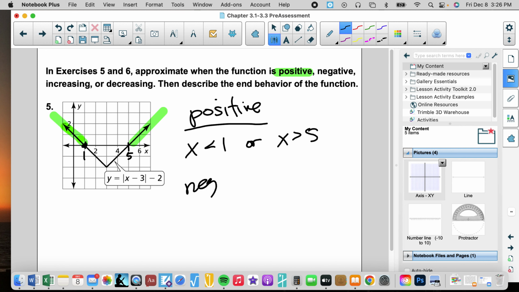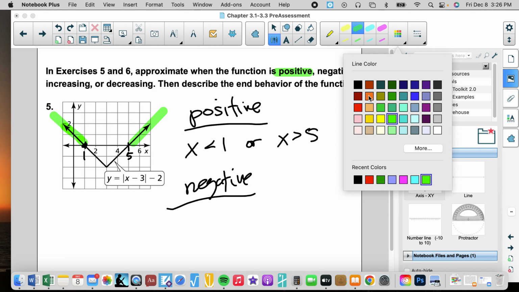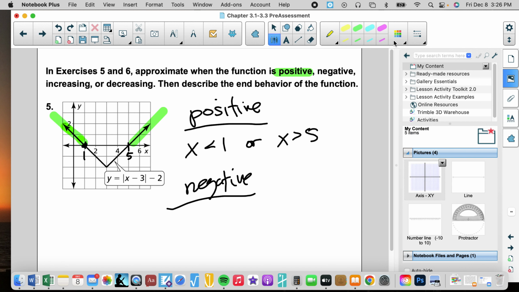My negative: when is the graph negative? Now we're talking about when the solutions go below the x-axis. When are my outputs negative? This is a segment, so I'm going to use a compound inequality, and it's between 1 and 5. So 1 is less than x, which is less than 5.